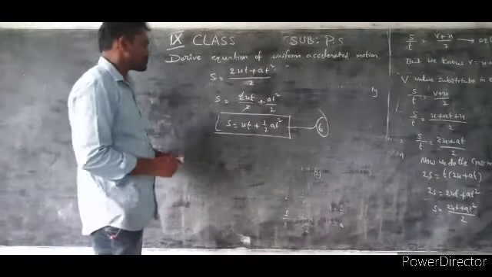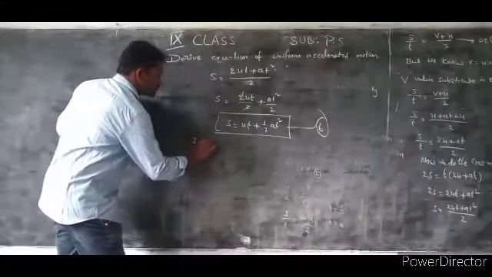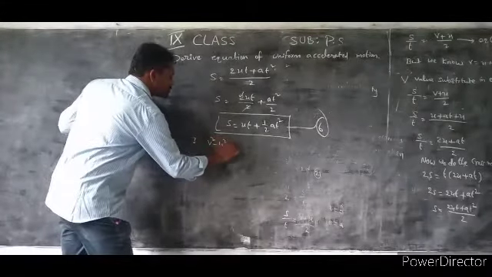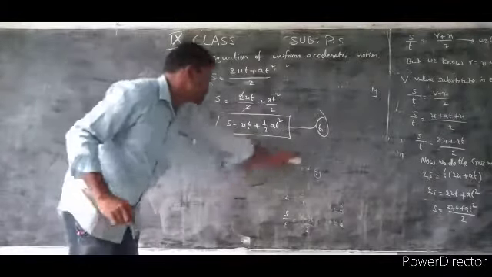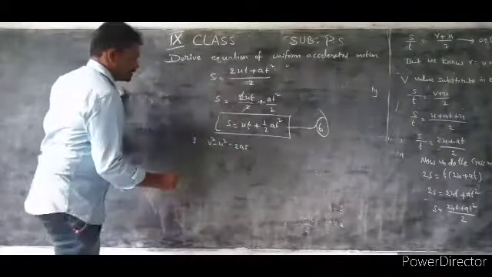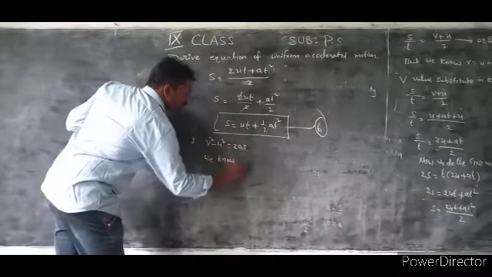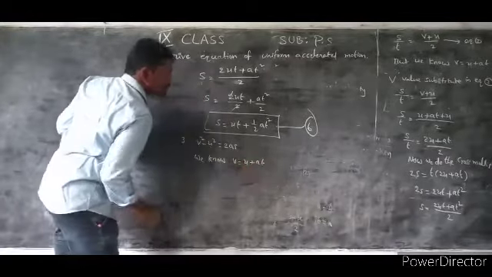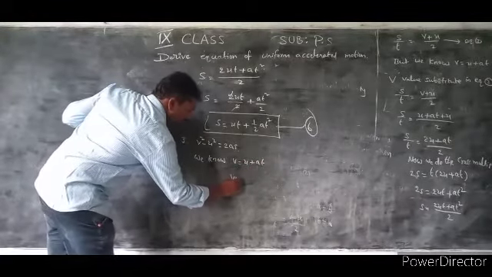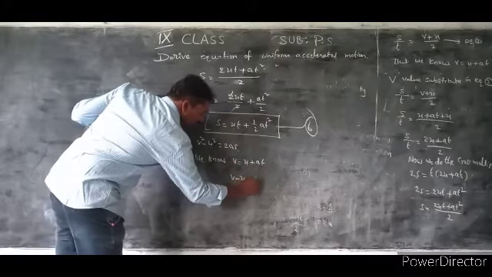Okay. Next, the third equation. To prove that v square minus u square is equal to 2as. We know v is equal to u plus at. Here the plus u goes to the left-hand side: v minus u is equal to at.